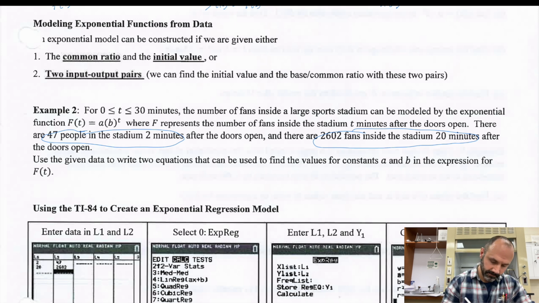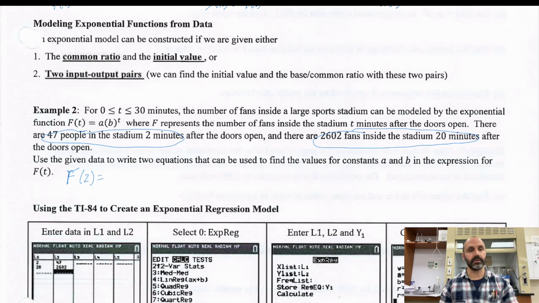Okay, well, I know that f of 2 equals a times b to the 2, where a is some initial value and b is some common ratio. We don't know what they are, right?